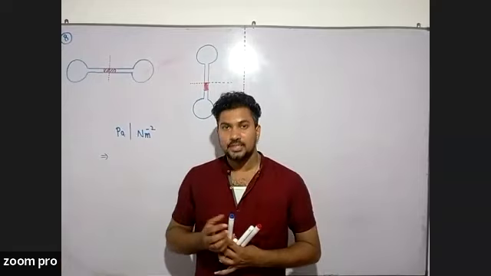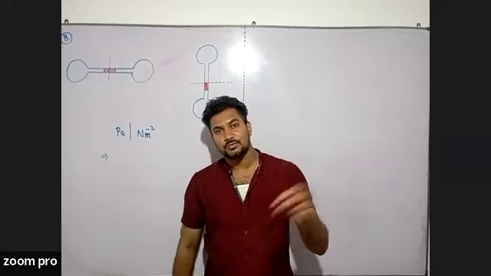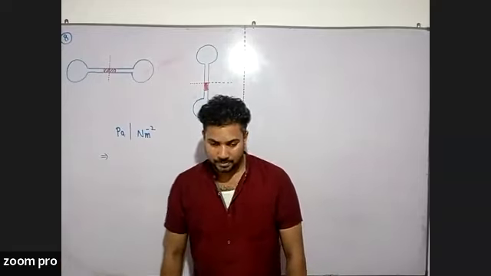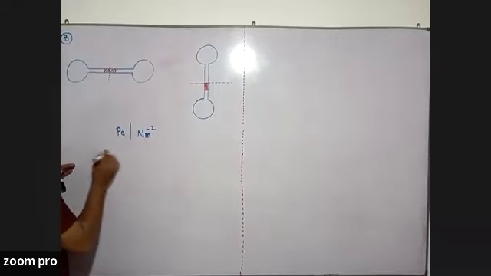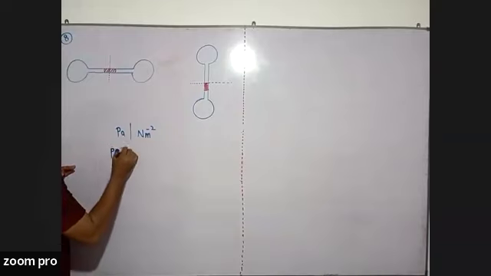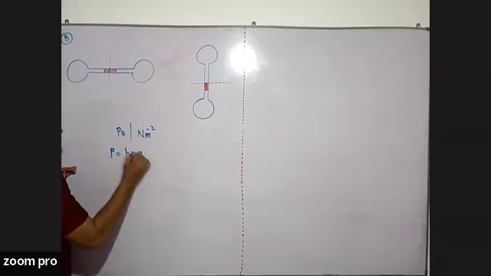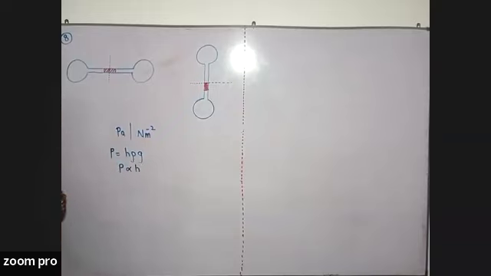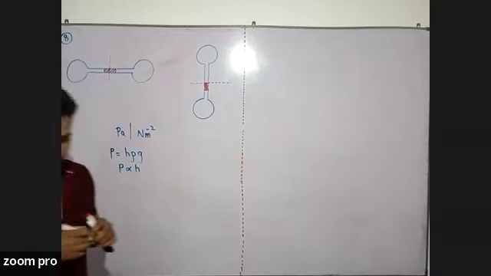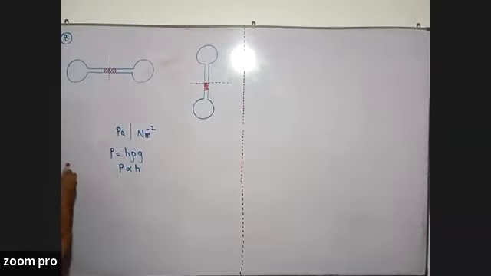It is based on this equation, P equals h rho g. If rho and g are constant, then pressure can be expressed as a height, right? This is the first thing that I want to convince you of.